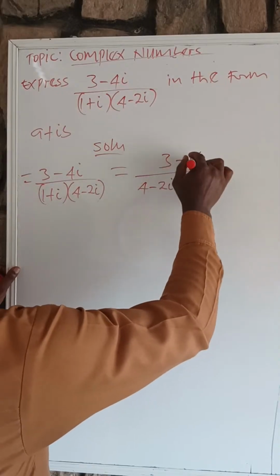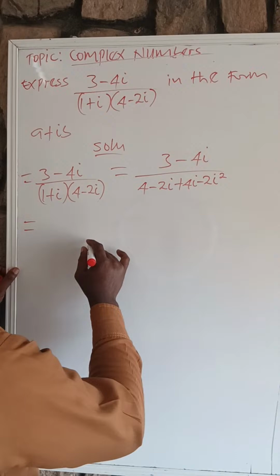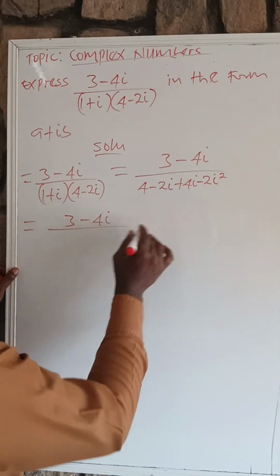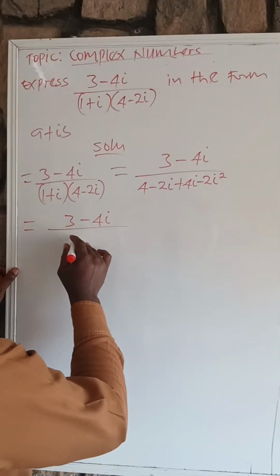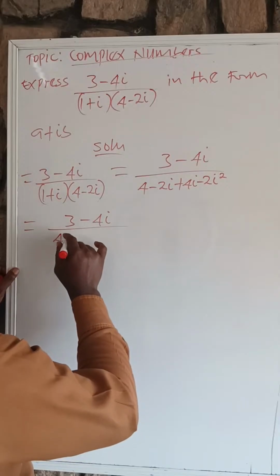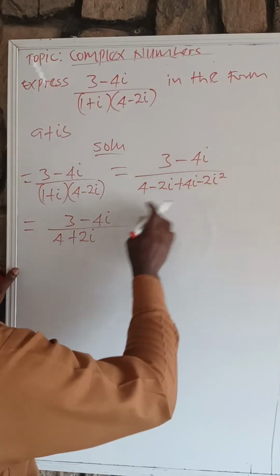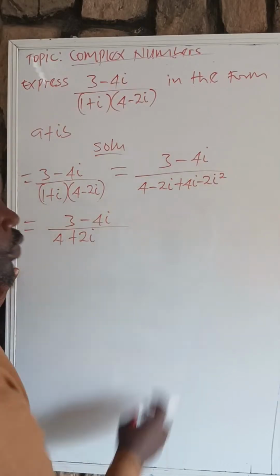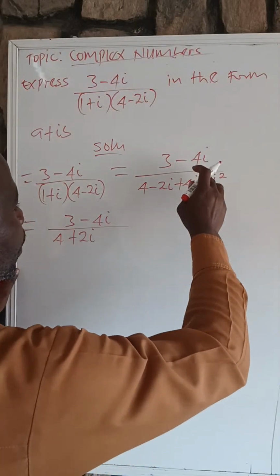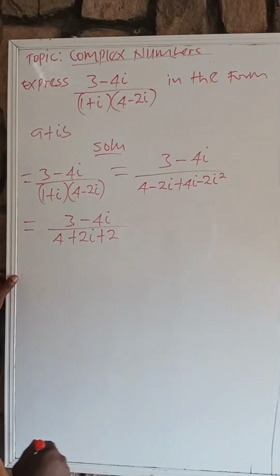Then 3 minus 4i. This is equals to 3 minus 4i all over 4 minus 2i plus 4i is going to give us plus 2i. Then here will be I squared is minus what? 1. So here will be minus 1 times minus 2 is plus 2, right?